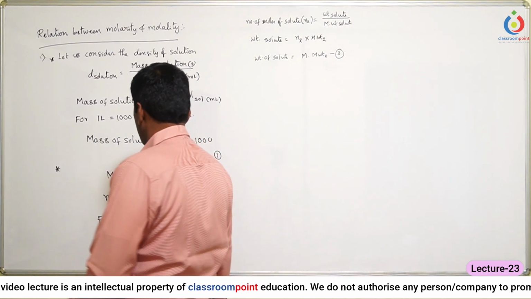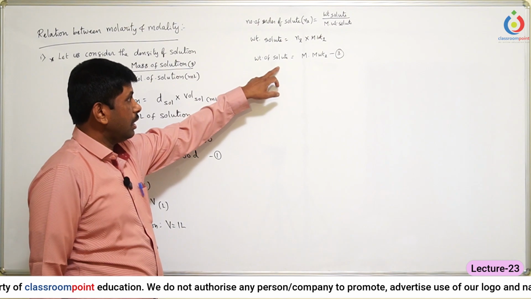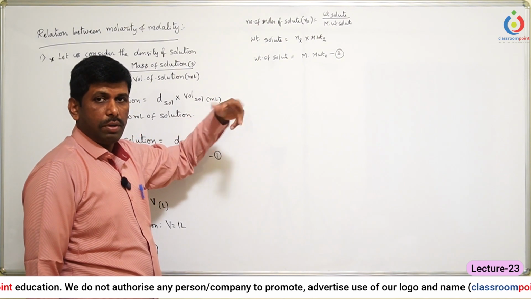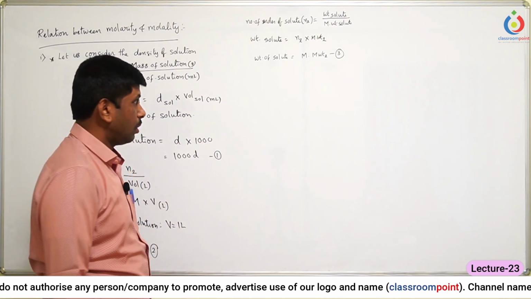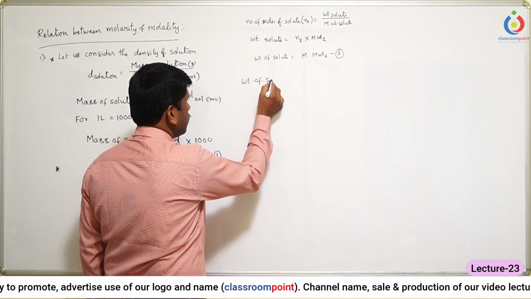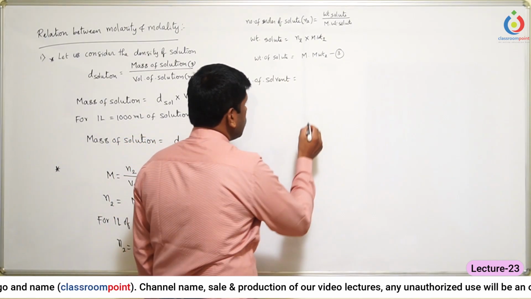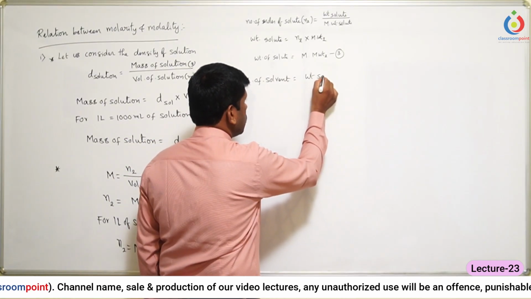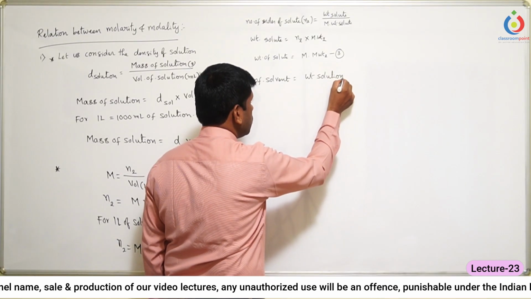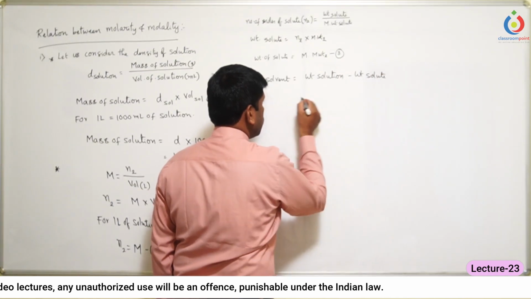So from first one we got the mass of the solution. Here we got the mass of the solute. Then we can calculate the mass of the solvent. So that weight of solvent is equals to weight of solution, that means mass of the solution minus mass of solute.